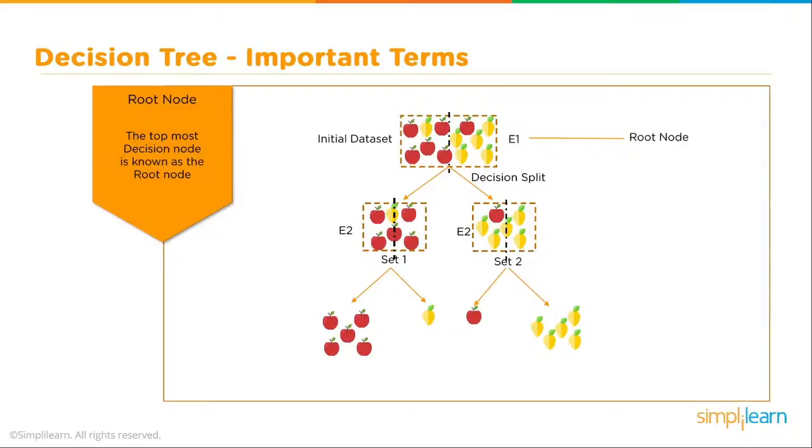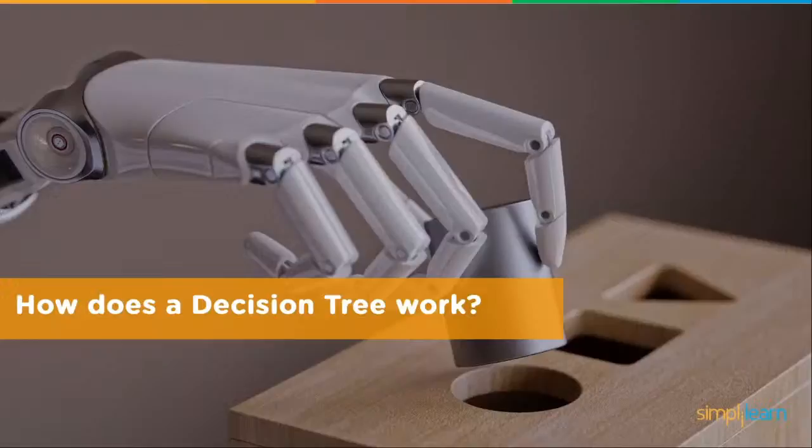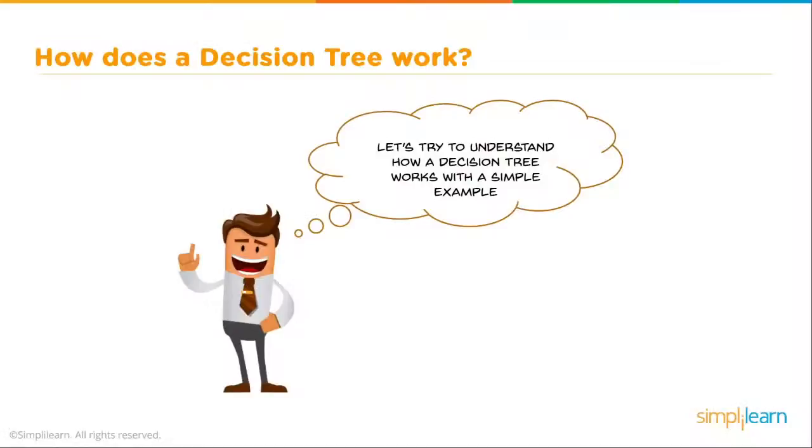So far we've looked at a very general image with the fruit being split. Let's look and see exactly what it means to split the data and how we make those decisions. Let's find out, how does a decision tree work? Let's use a simple example, and we'll stay with the fruit.